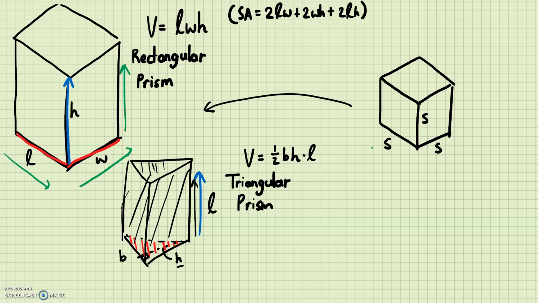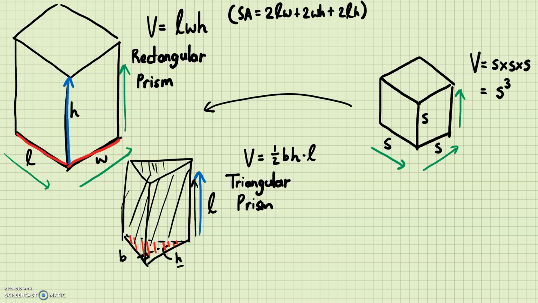You can do the same thing here, except L, W, and H are all the same. So it's just S times S times S. The volume is going to equal S times S times S. And a shortened way of writing that is S cubed.